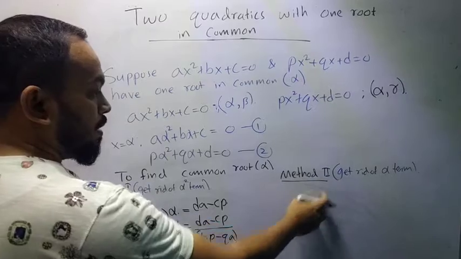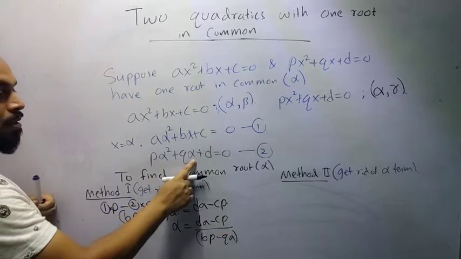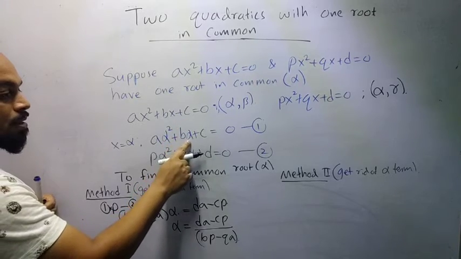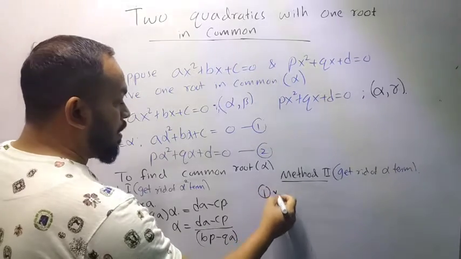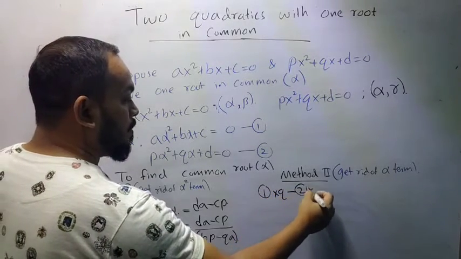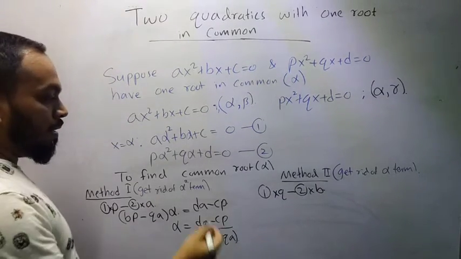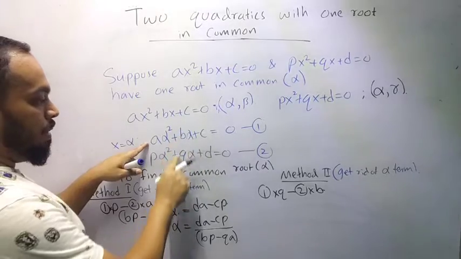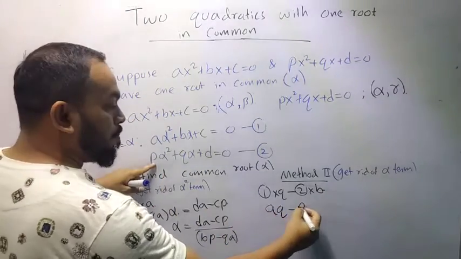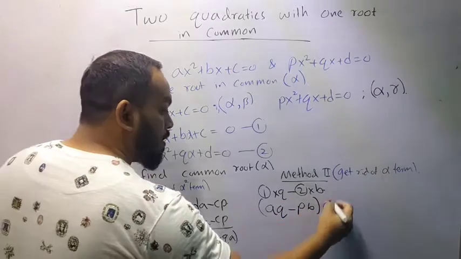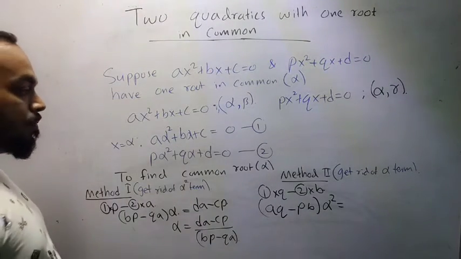The next method: get rid of alpha. To get rid of the alpha terms here, we have b alpha and q alpha. So I'm going to multiply the first one by q, minus the second one by b. That gives us, right, this part will be removed. So we have aq minus pb alpha squared, because alpha squared can be factored out, so I did that directly.